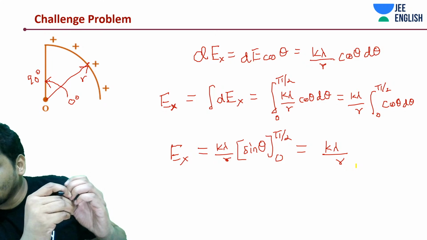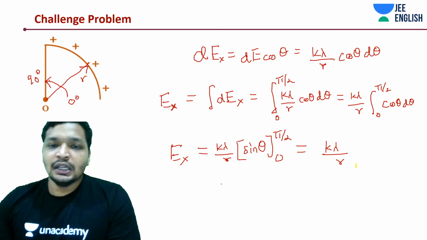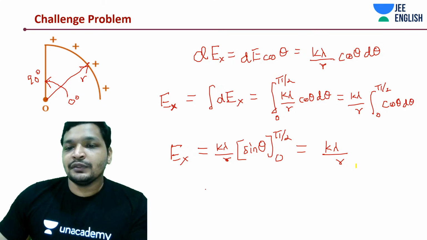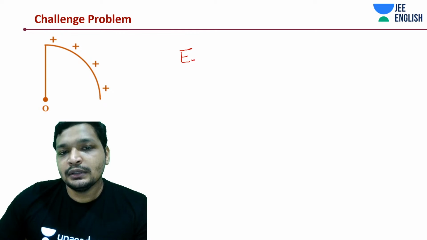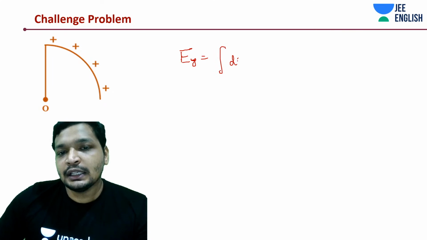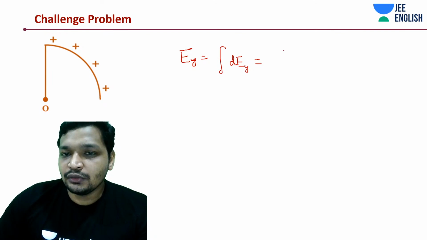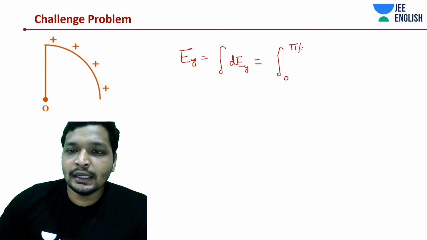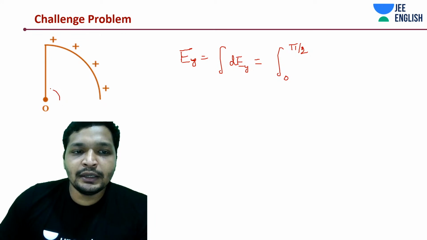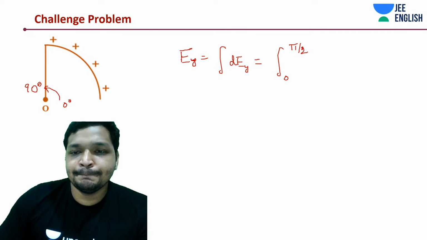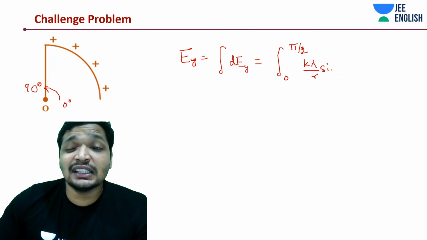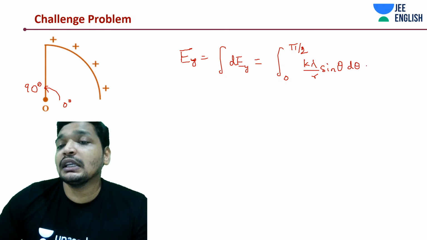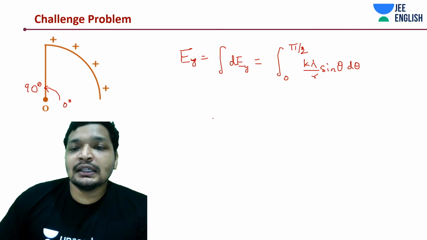Let's move on to the next part, which is going to be Ey. Total Ey is integration of dy. I'm directly writing it down this time, 0 to pi by 2 again. k lambda by r, this time it's going to be sin theta d theta. Rather simpler, right?